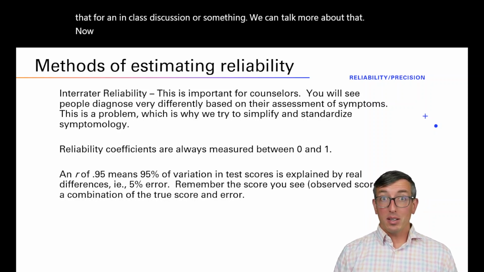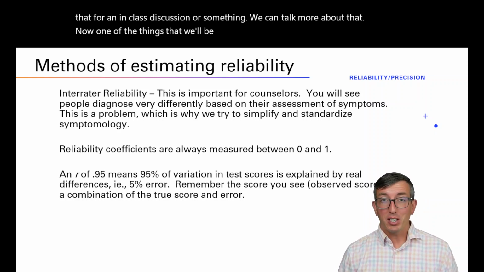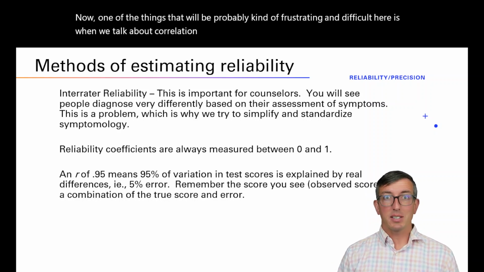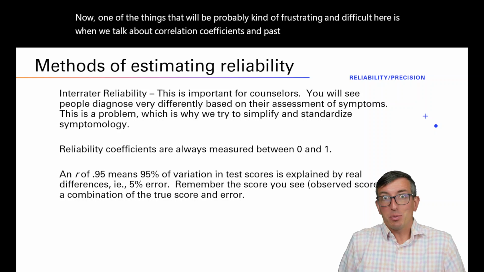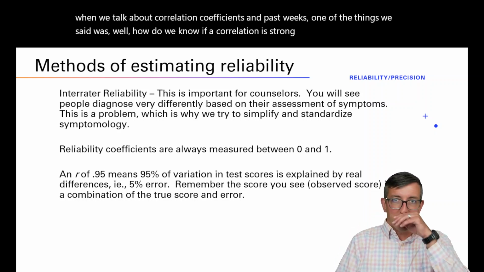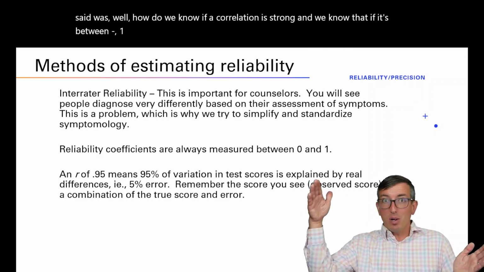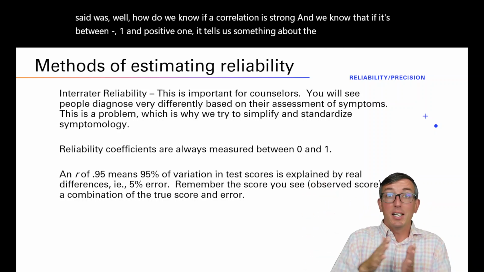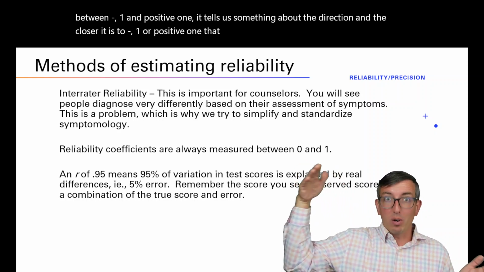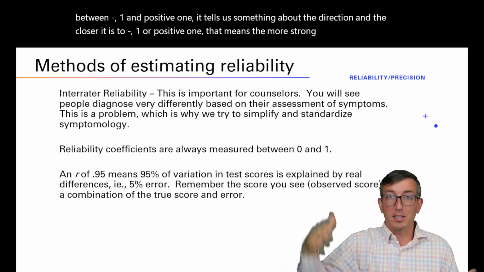Now, one of the things that will probably be kind of frustrating and difficult here is when we talk about correlation coefficients. In past weeks, one of the things we said was, well, how do we know if a correlation is strong? We know that if it's between -1 and +1, it tells us something about the direction. And the closer it is to -1 or +1, the stronger the relationship is.